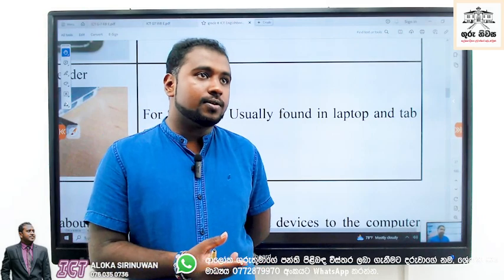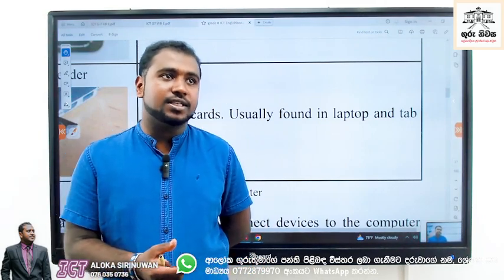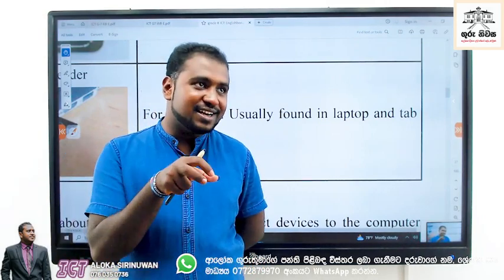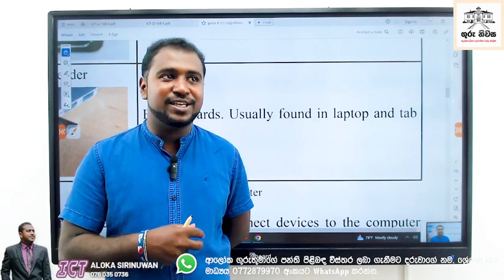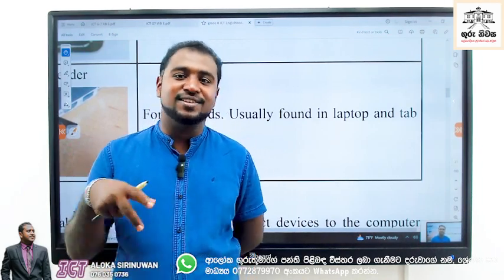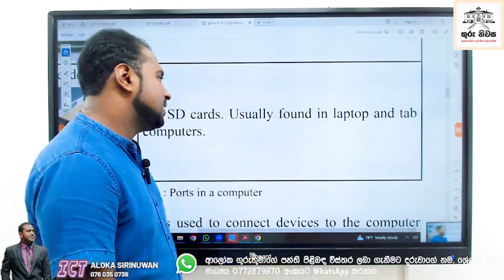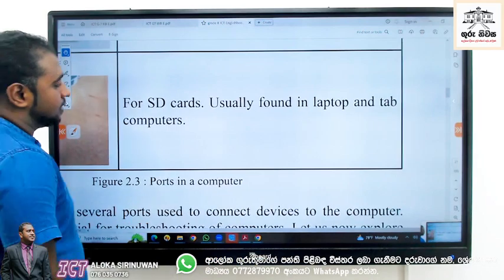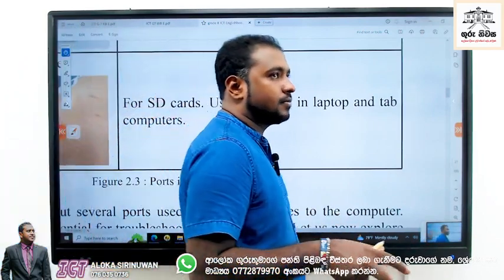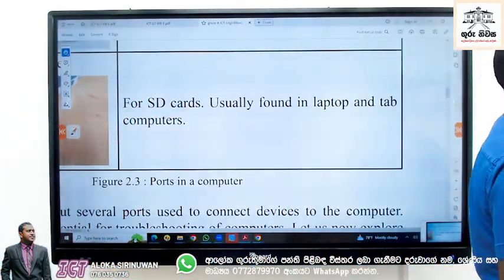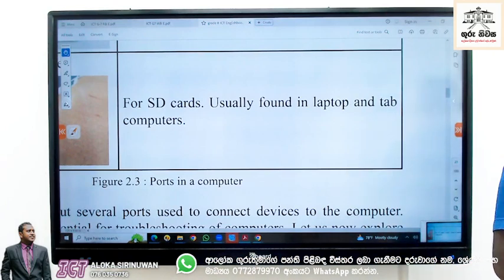Clear everyone? Okay, Pute. What are SD card readers used for? To read all the information you saved in the SD card. You understand that, right? Okay. Everyone say it, Pute. Write this, Pute.